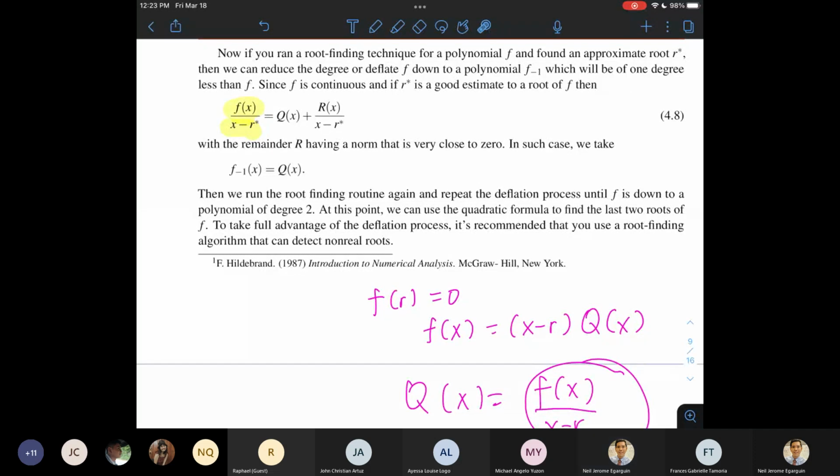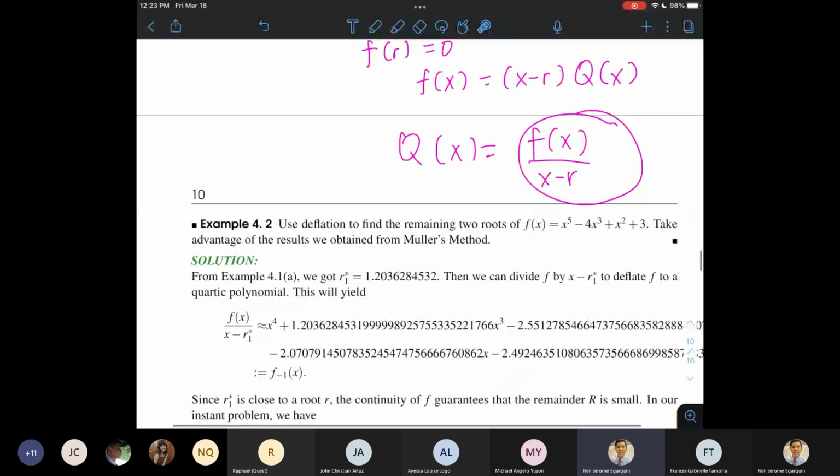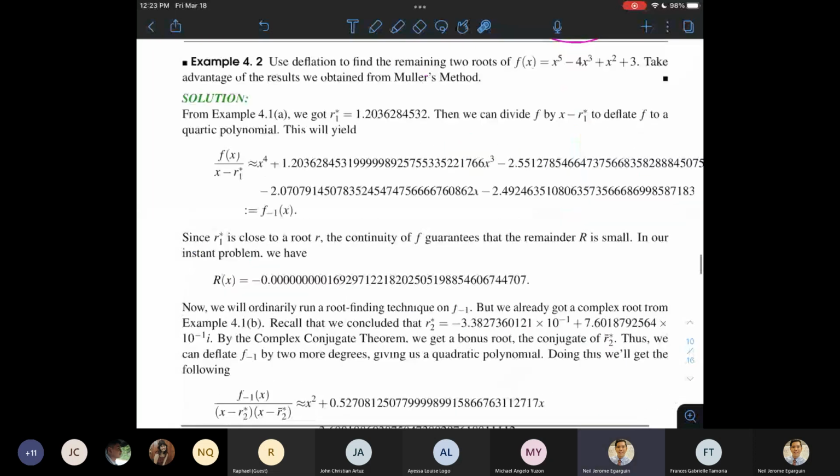Okay? So tingnan natin muna yung resulta ng pag-run ko nitong deflation algorithm. Pero i-couple ko yung deflation, or I will couple the Euler's method with deflation process. Okay? So yun yung gagawin ko sa example 4.2. So I consider again the polynomial we have in example 4.1, and then I'll take advantage of the previous results we have from Euler's method to identify or to find all the other roots.